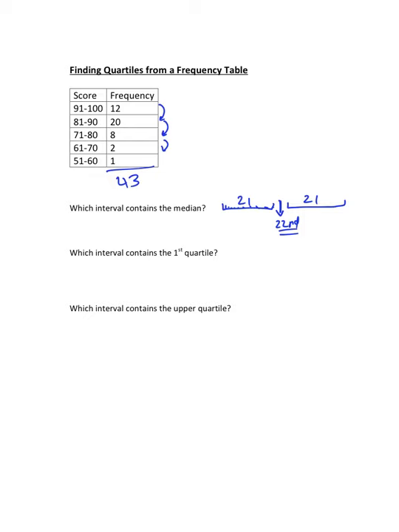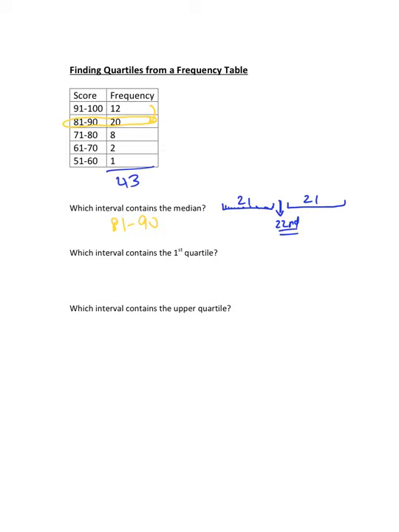Okay, so what I do is I start with the first frequency, 12, and then I add 20. 12 plus 20 gets me past 22. So the 22nd person is in this interval. The 22nd person got a score of 81 to 90. So the interval that contains the median is 81 to 90.